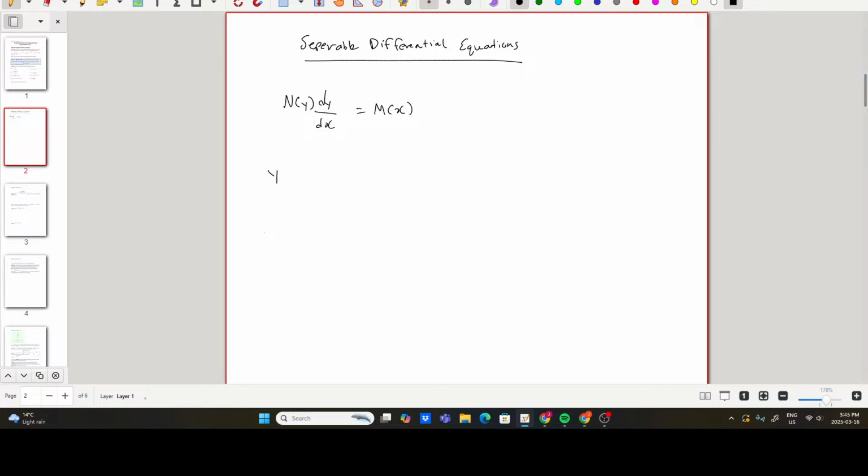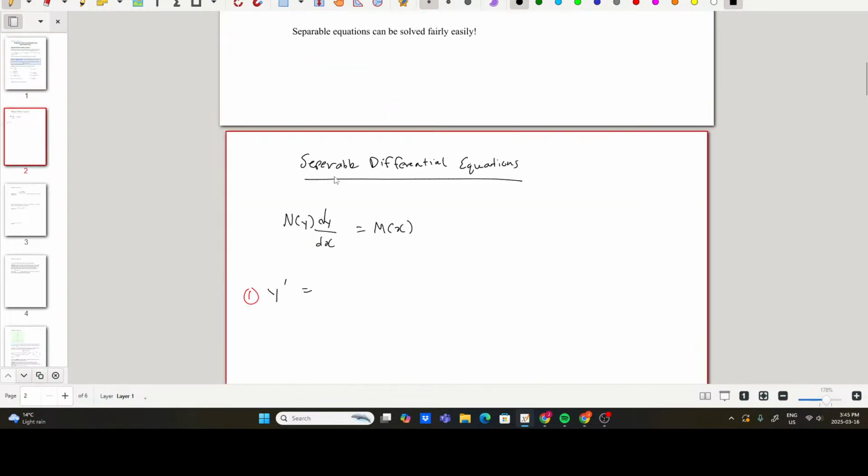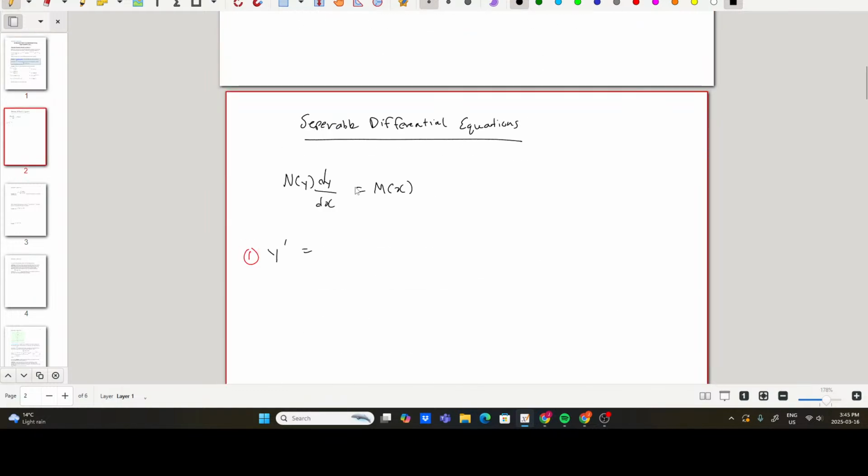So let me put question number 1. y prime equals x over 1 minus root y, the square root of y.